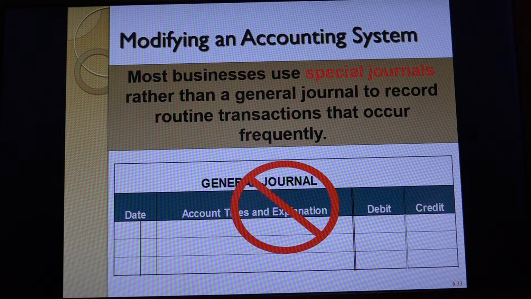And so you don't even make a debit and credit, you just put one amount there because you know for these sales what the debit and credit is. Okay? So it cleans up a lot of recurring stuff, a lot of repetitive stuff from the general journal.